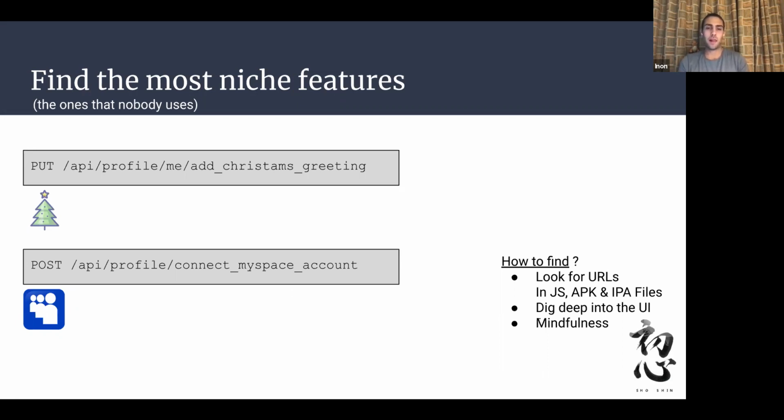Why? Because these are the main endpoints, and developers usually tend to invest more resources in code reviews for the main endpoints that many people use. And also other pen testers probably already tried to exploit the main endpoints because these are the most obvious ones. So they are more likely to be protected.